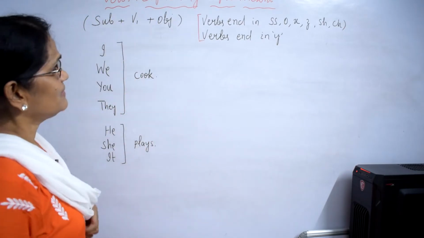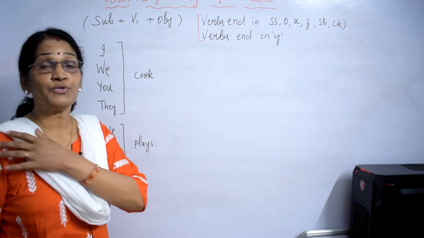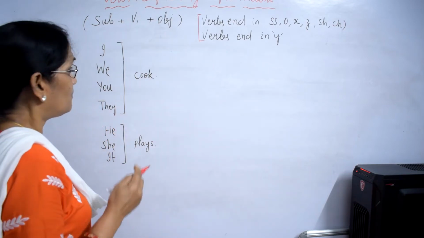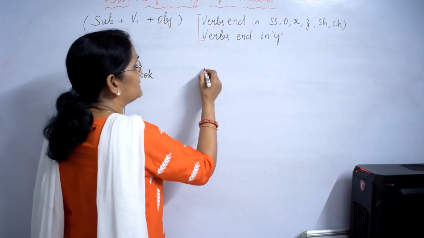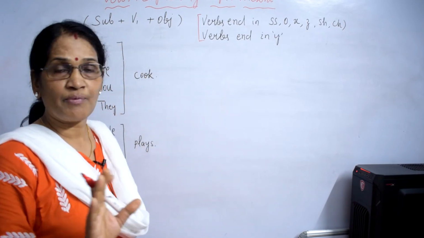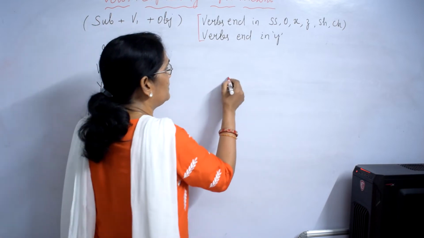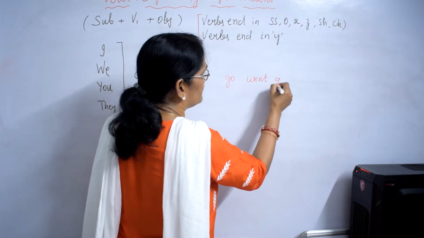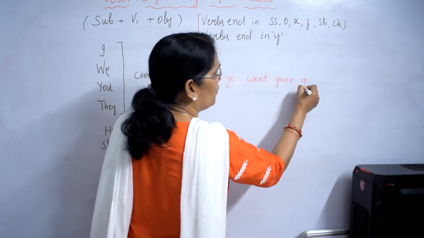Verbs expressing simple present. Which verbs do we use to express simple present? We use the present form of a verb. You have known a verb has four forms. For example, go, went, gone, then going.